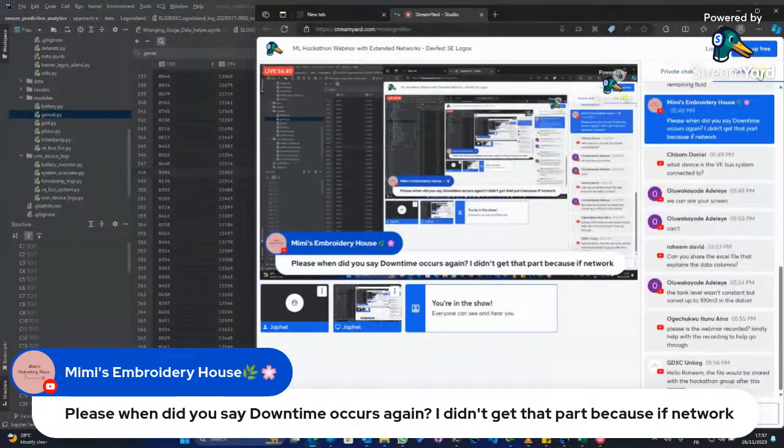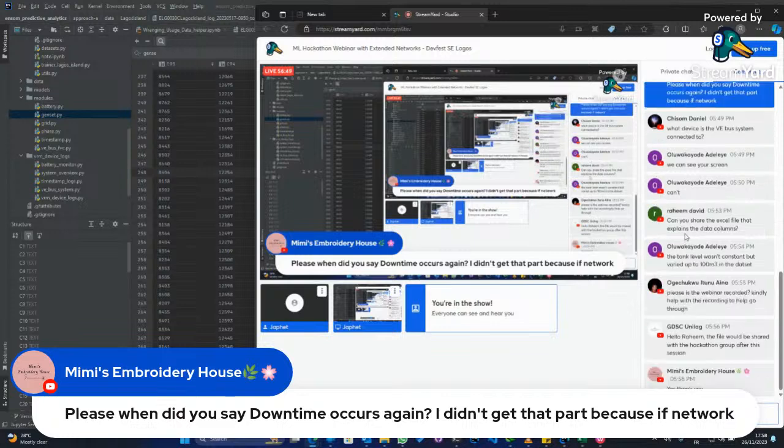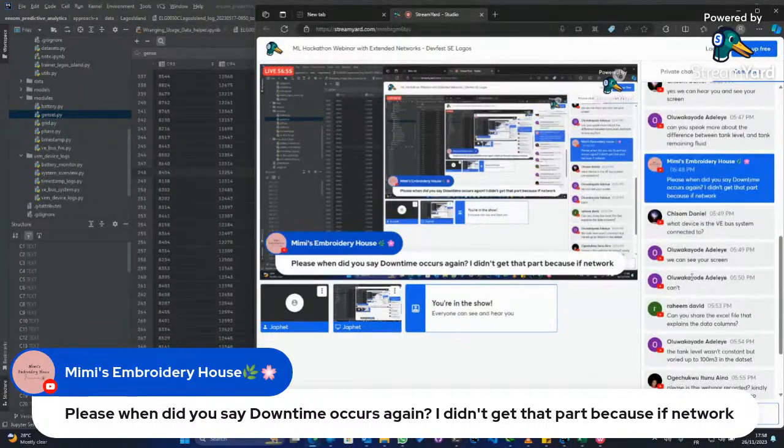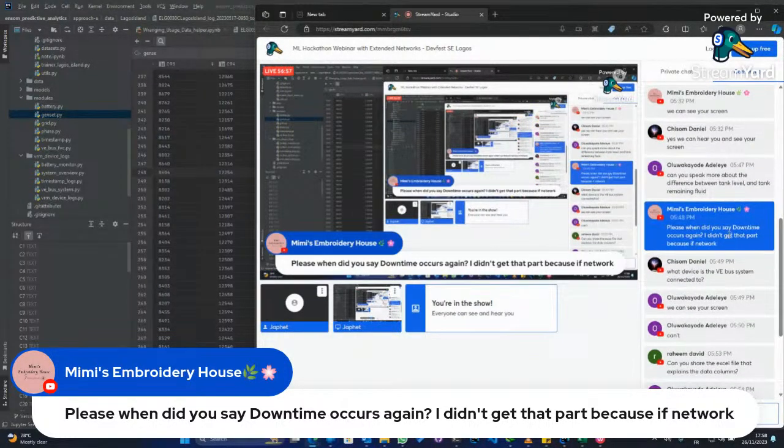Chisom was asking what device the VE bus system is connected to. I think that's a more hardware related question. I will try to answer the question: what device is a VE bus system connected to?